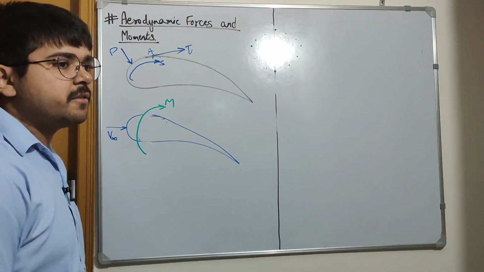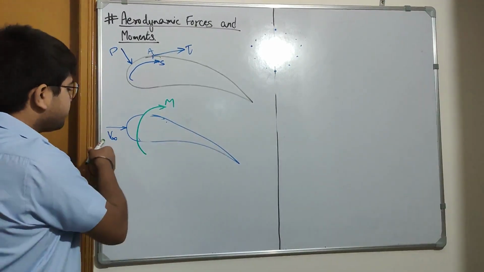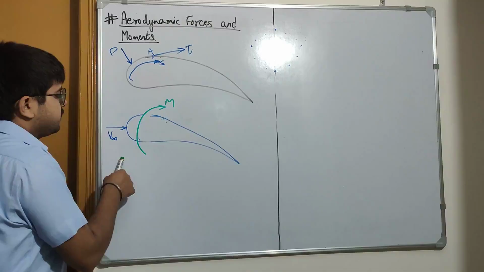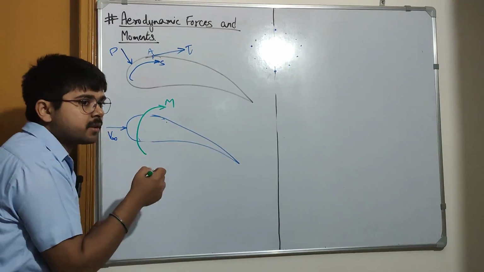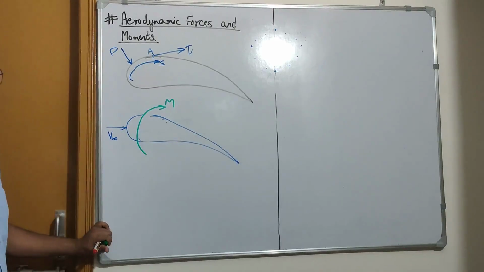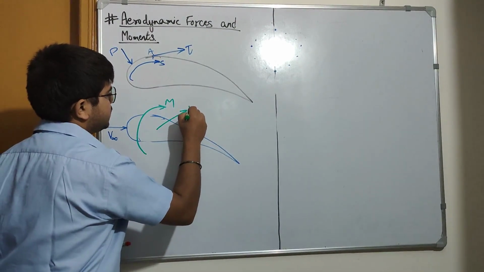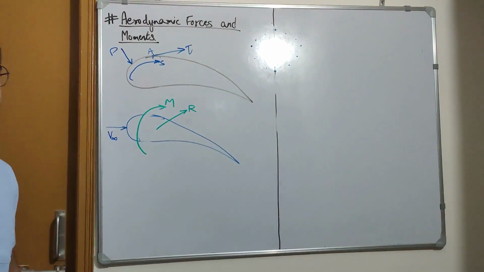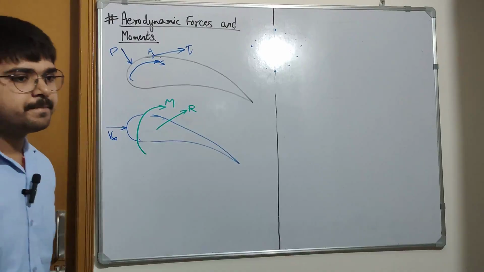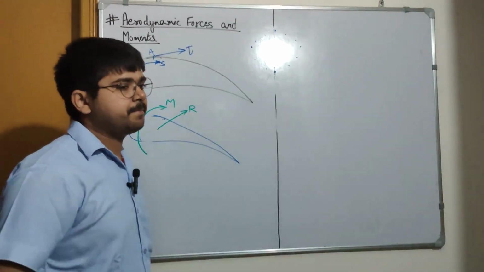And the second thing that will be resulting from this free stream, from this air that is coming to the airfoil, would be the normal reaction. This is the normal reaction R that will be happening to the airfoil.